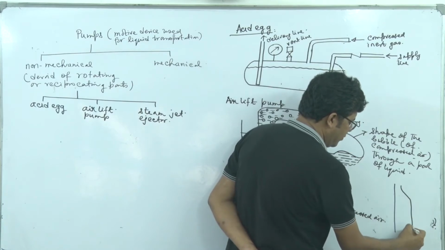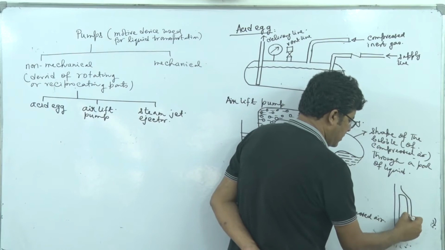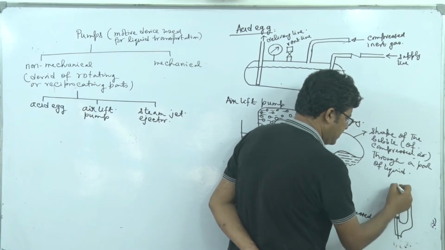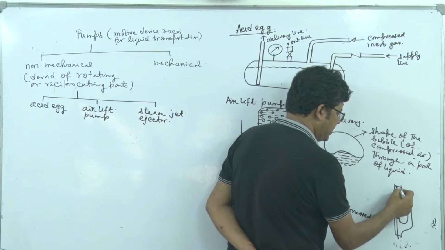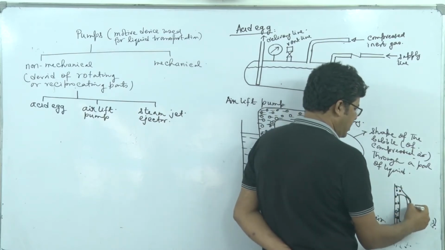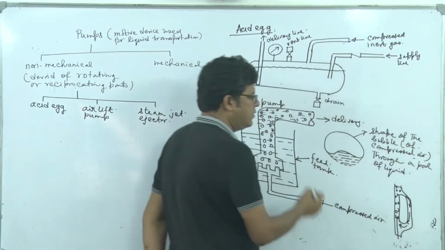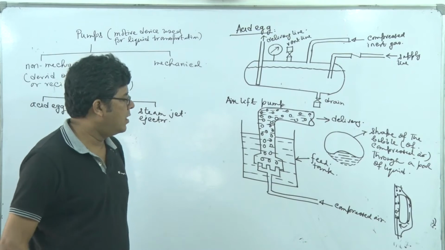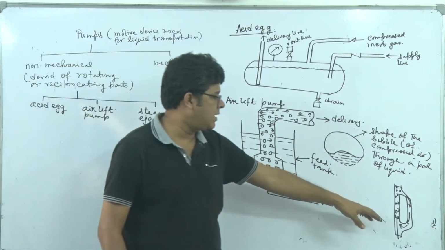There is a side loop, and here we have this air sparging system. In this arm the liquid will be lifted and it will fall back through this arm, so there is continuous circulation of liquid maintained by this air. And why can we not use mechanical pumps?